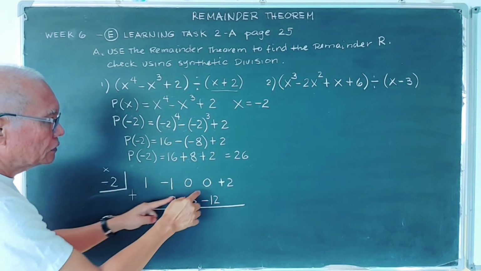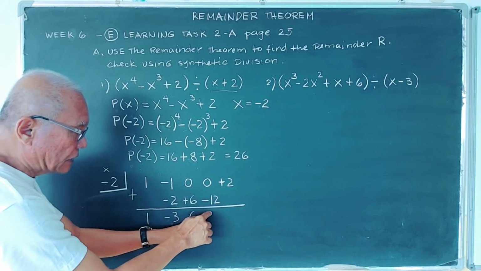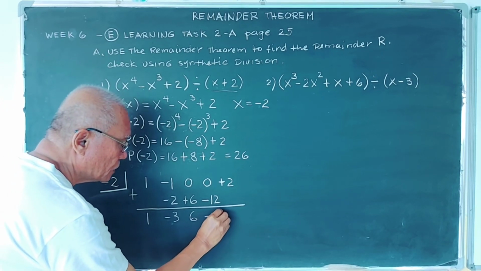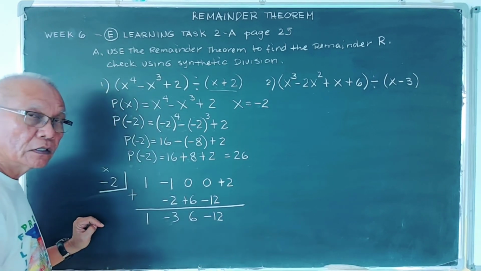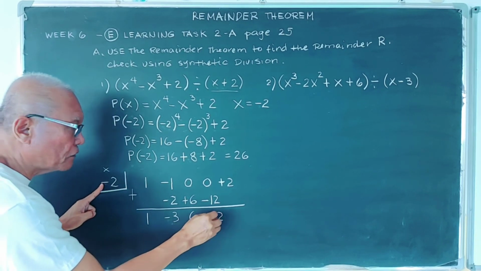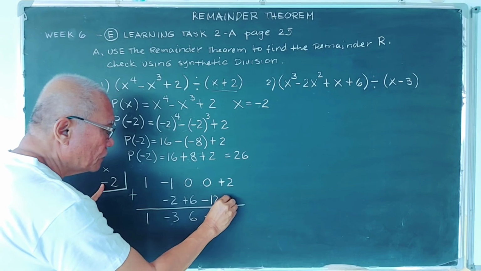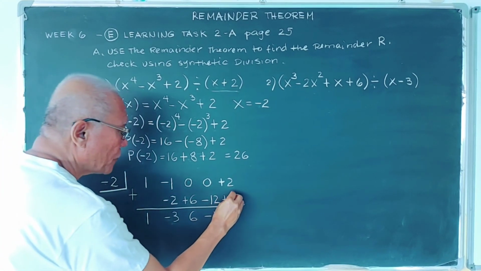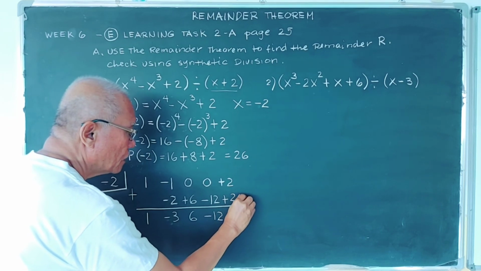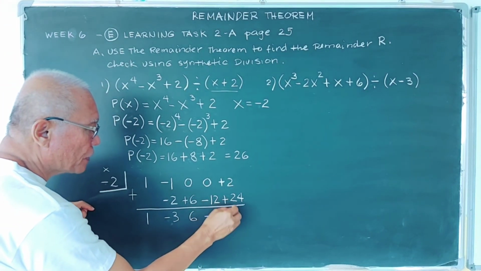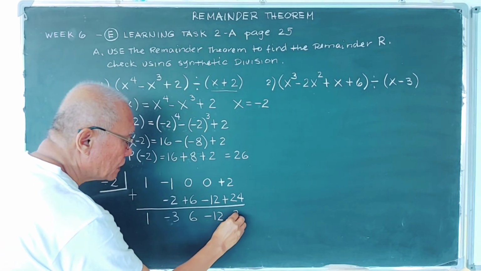And then, add. 0 minus 12 is minus 12. O, times naman tayo. Negative times negative ay positive. And 2 times 12 ay 24. And then, add natin. 2 plus 24 is 26.